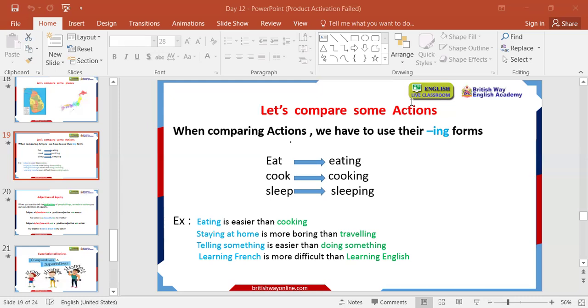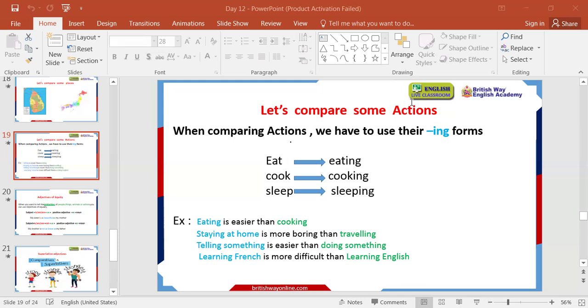Studying is easier than learning. Singing is louder than listening. Drawing is easier than writing.